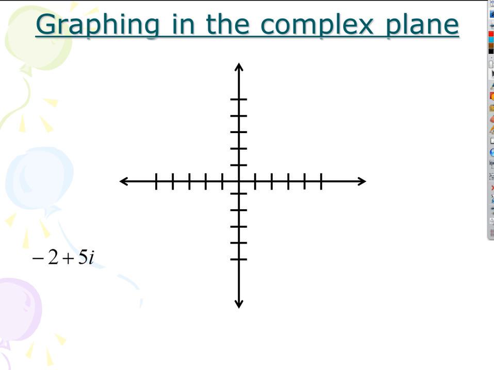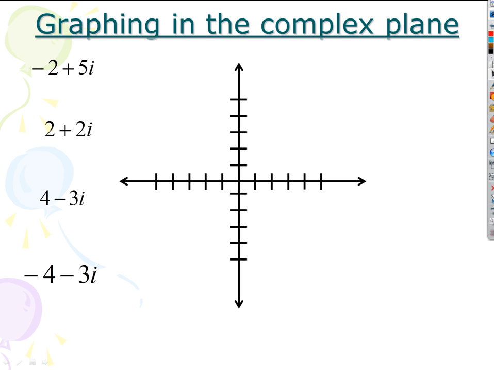What we did yesterday is we took that line of all the numbers we've ever considered and we expanded it. We expanded it to be not just a line, but a plane. And this plane allows us to include these imaginary parts of these numbers. And so if we look at the number -2 plus 5i, instead of just being a number on this line, now it's left the line and it's somewhere else in this complex plane.